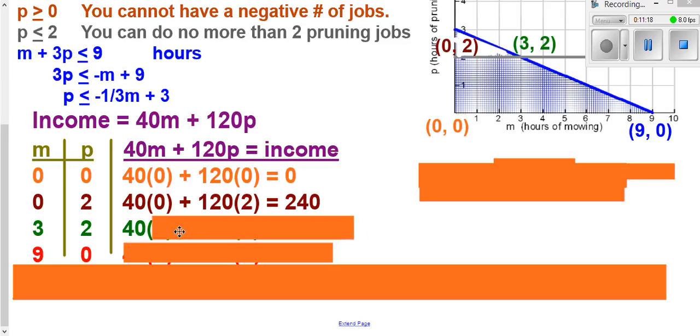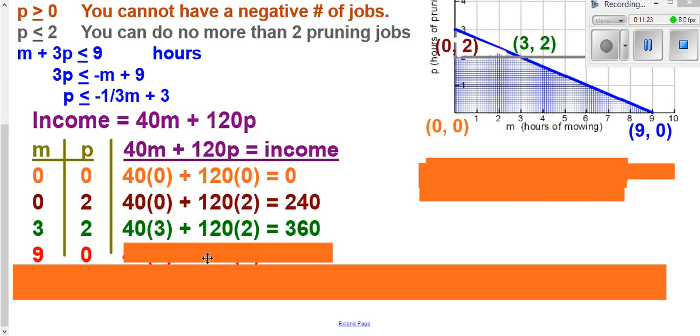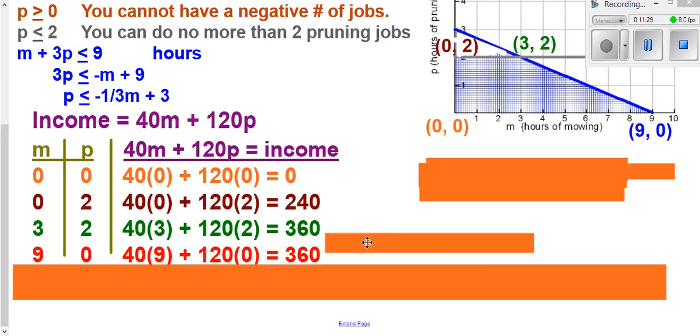Plug in 3 for the mowing, 2 for the pruning, we get 360. And here we plug in 9 for the mowing, plug in 0 for the pruning, and we also get 360. Now, since we're looking for a maximum, we actually have 2 different maximums that work here for us. Normally, you're not going to have that.